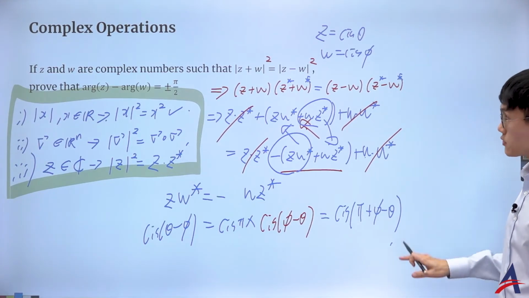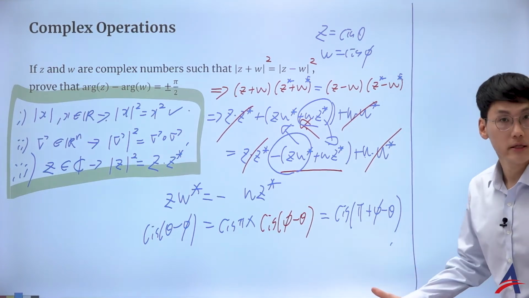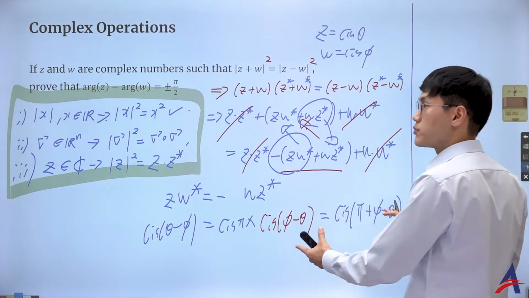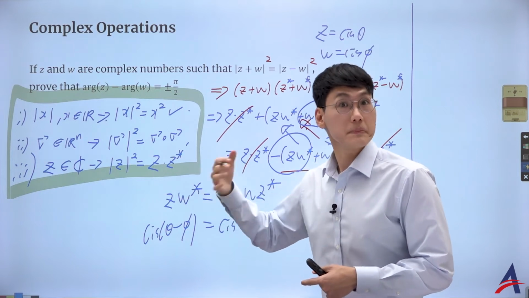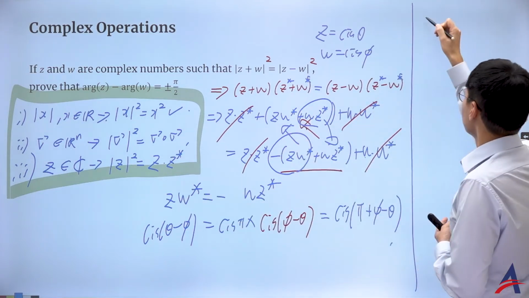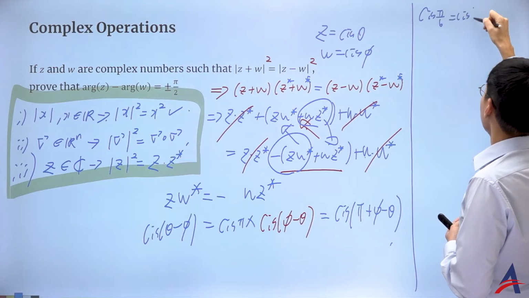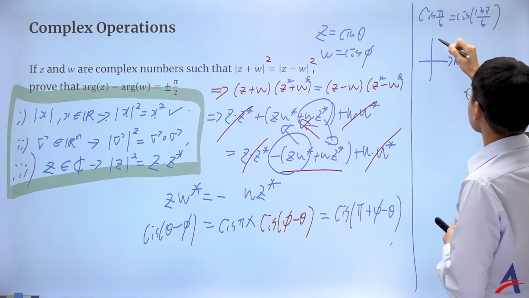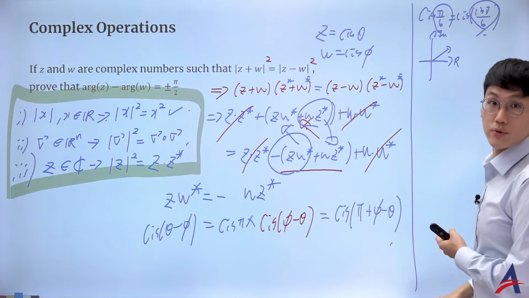I want to remind you, if you have a complex equality, especially in polar form, don't jump to the conclusion that the arguments have to be the same. They don't have to be, as long as they differ by a multiple of 2 pi. For example, cis pi over 6 is the same as cis 13 pi over 6 because it's in the same location on the Argand diagram, but that doesn't mean the arguments are the same.